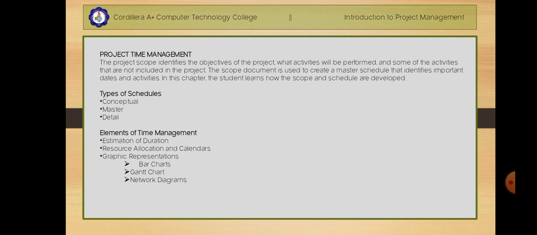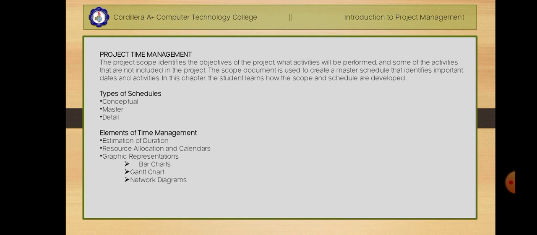So you conceptualize, right? Next is the master. When the project is selected, the master schedule is created. It has major events and dates such as the starting date and the completion date: when the project starts and when it will be completed. The master schedule is often part of the contract. Most contracts include the master schedule.